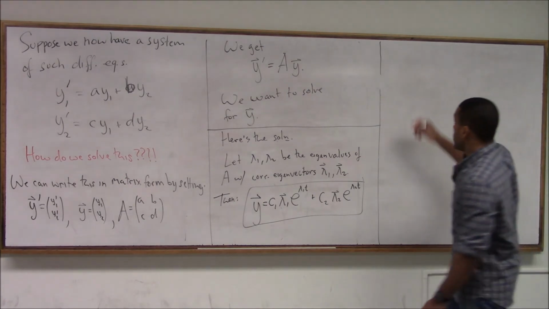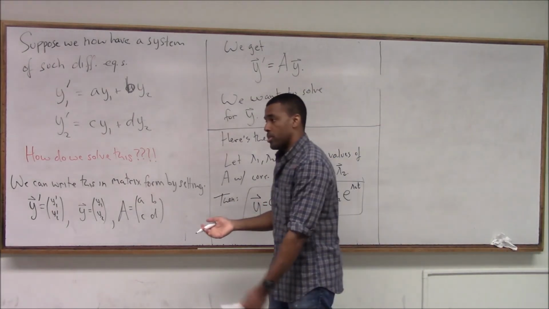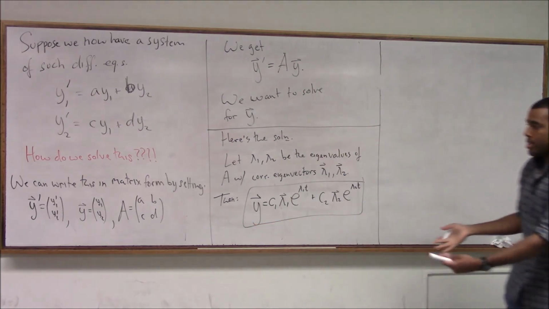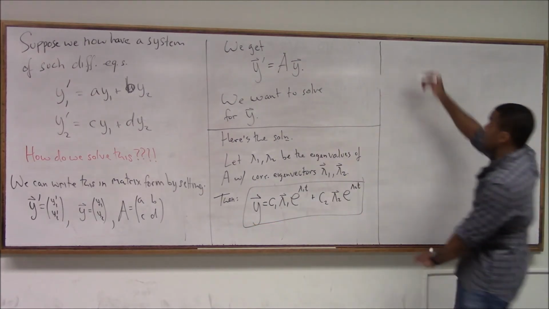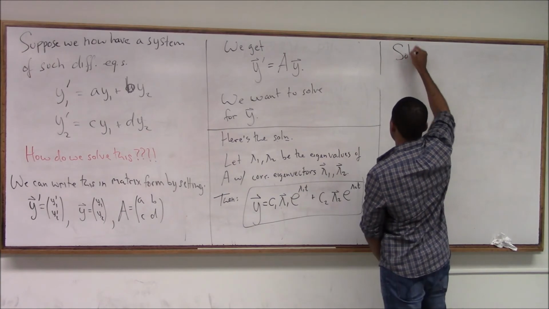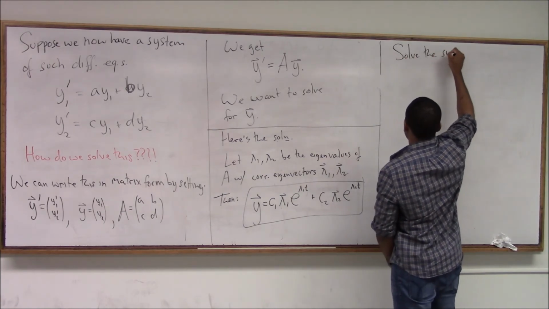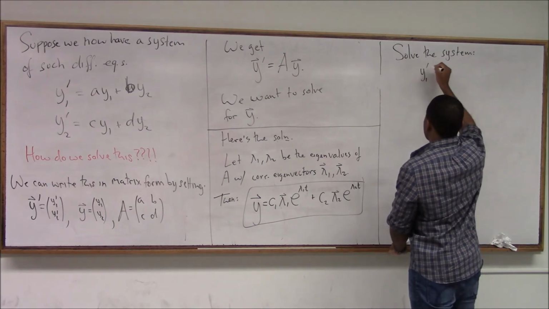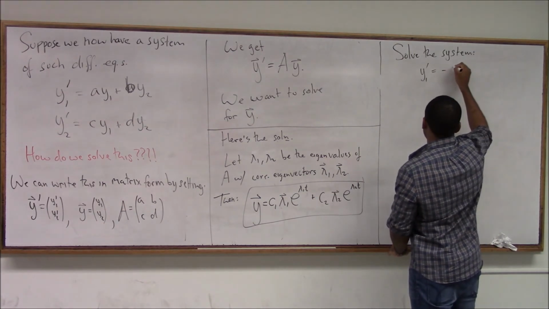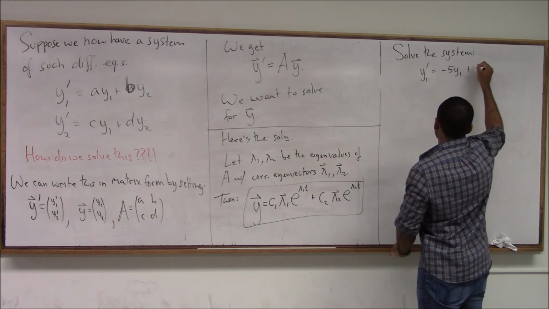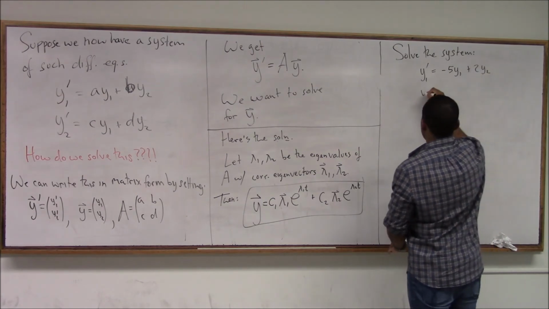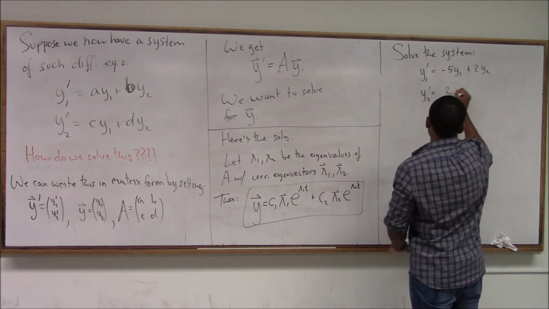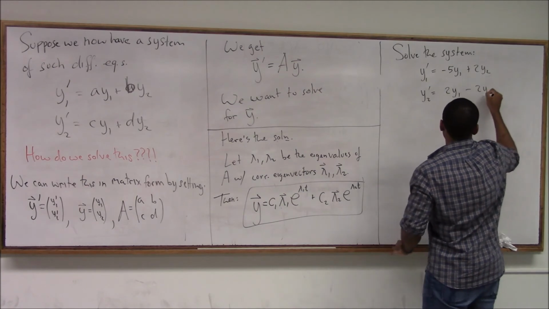So here's an example. Now we have calculus involved, there are first derivatives involved. So I can ask you, for example, to solve the system y1 prime is equal to minus 5y1 plus 2y2, and y2 prime is equal to 2y1 minus 2y2.